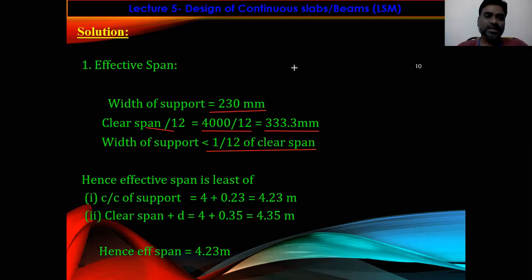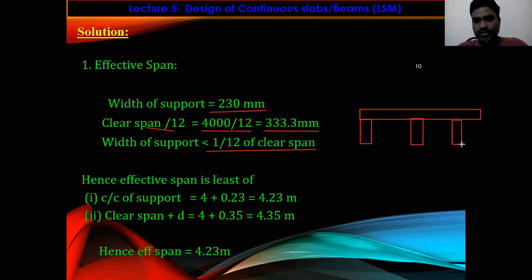So here the center to center distance is nothing but, suppose this is your beam, and this is one support, this is another support. Just an example only. The center to center distance between the supports means from this center to this center, and here also from here.